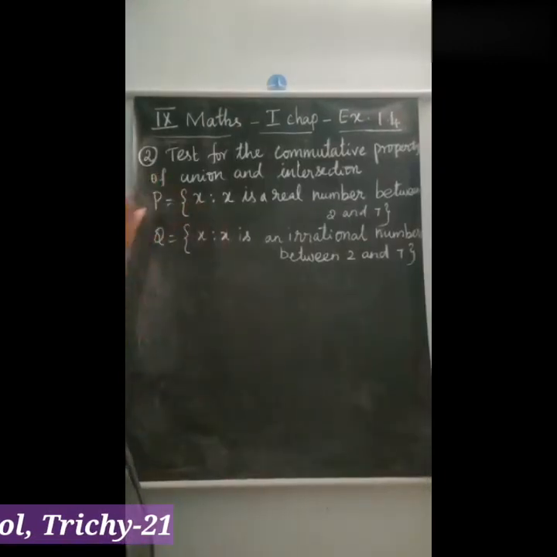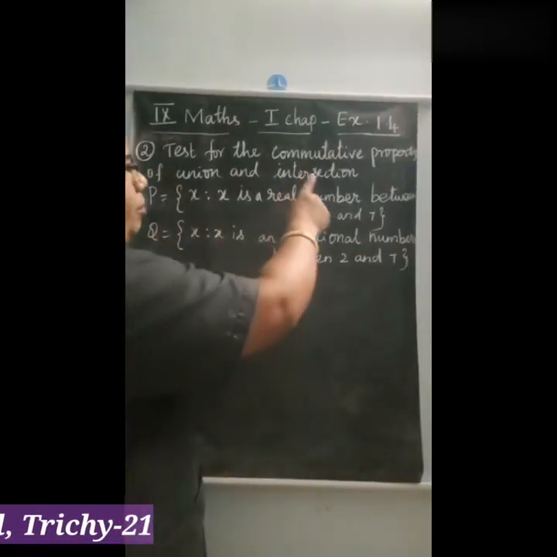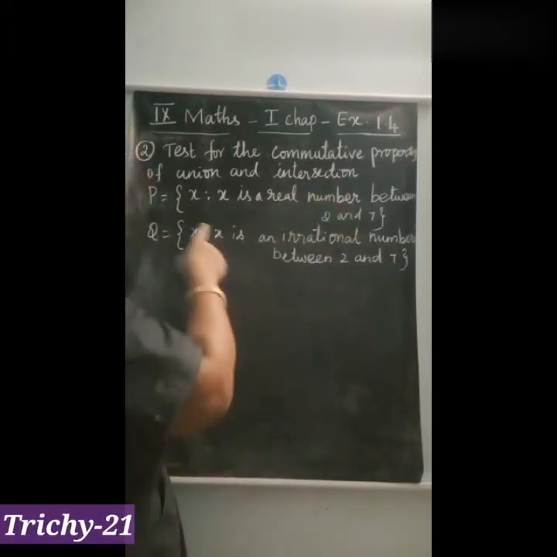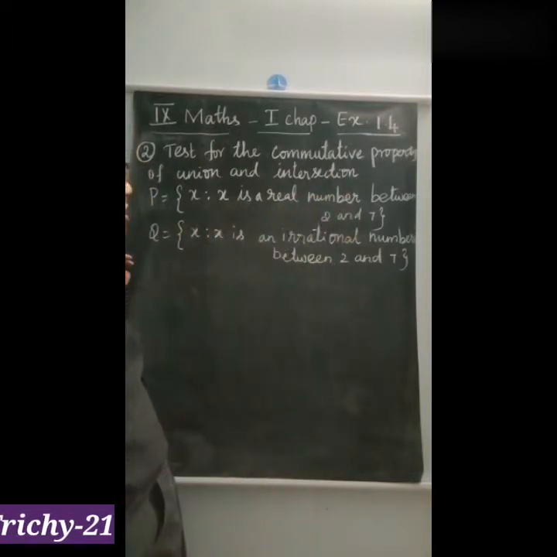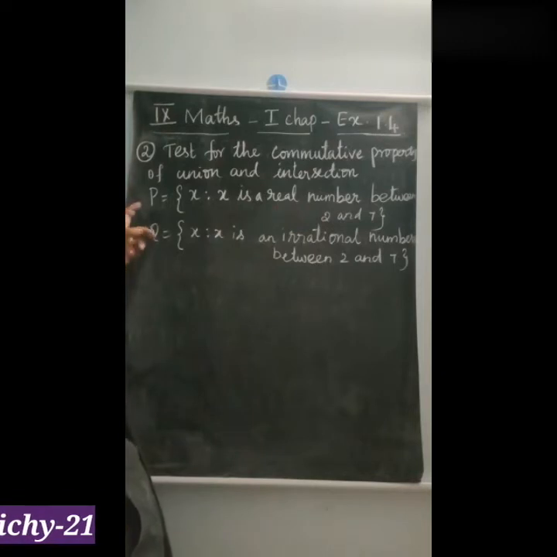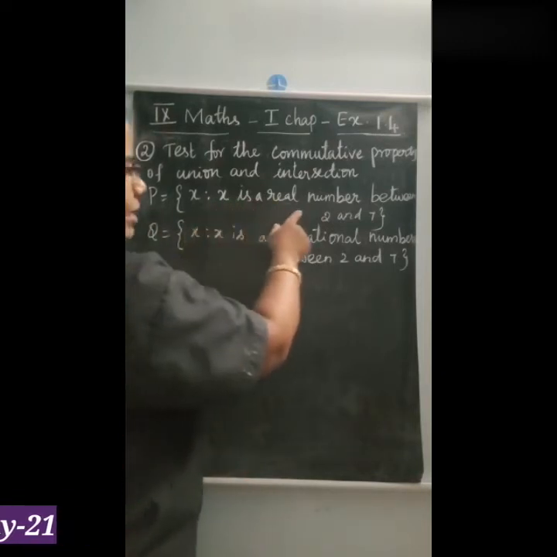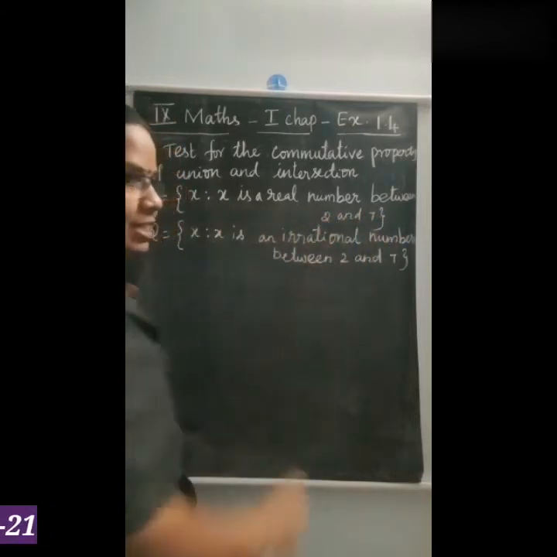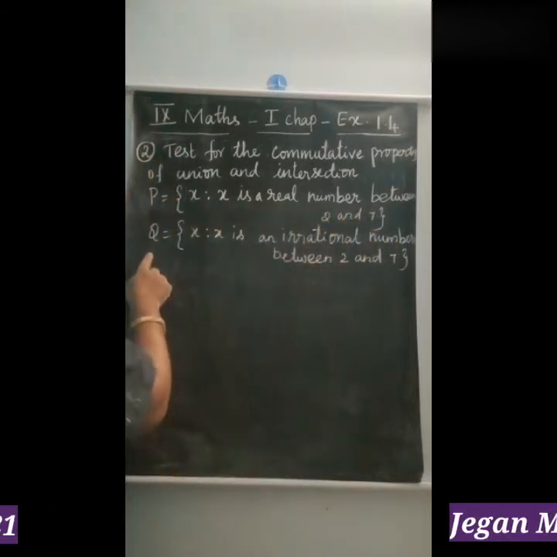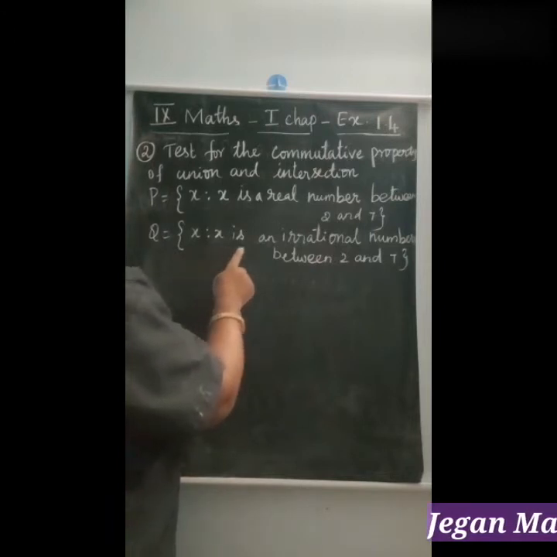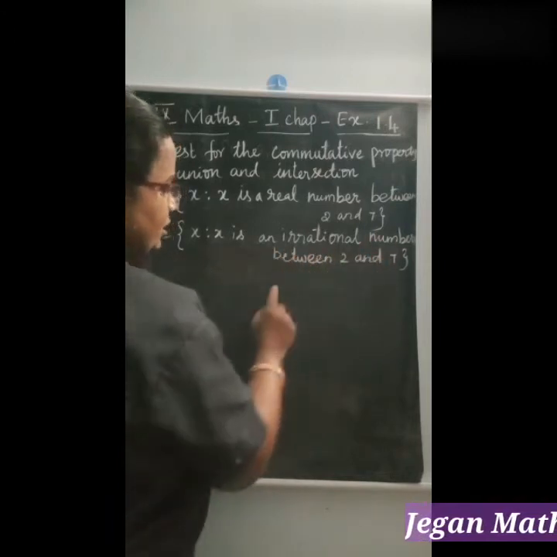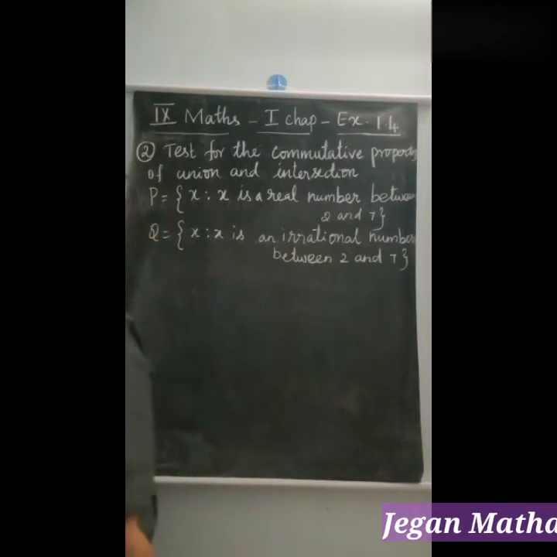The second question: test for the commutative property of union and intersection of sets. First, P is equal to {x such that x is a real number between 2 and 7}, and Q is equal to {x such that x is an irrational number between 2 and 7}.